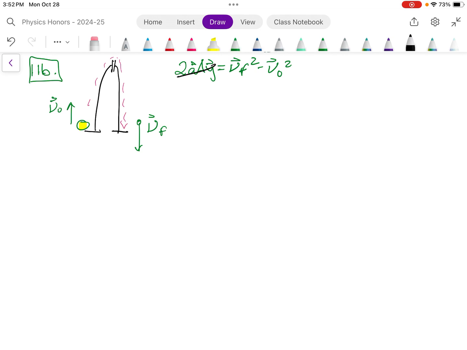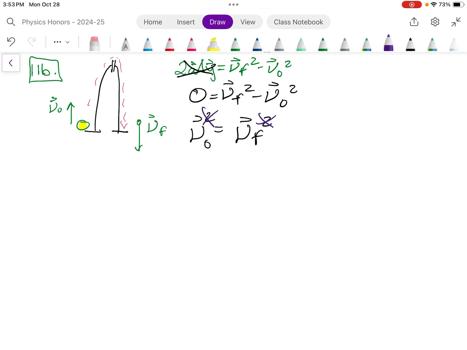Oh, that is awesome. So that means 0 equals vf squared minus vo squared. And so then I can say vf squared and vo squared, those are the same. Now you may notice that if you take the square root of both of those things, you have to keep in mind that vf really is negative vo.